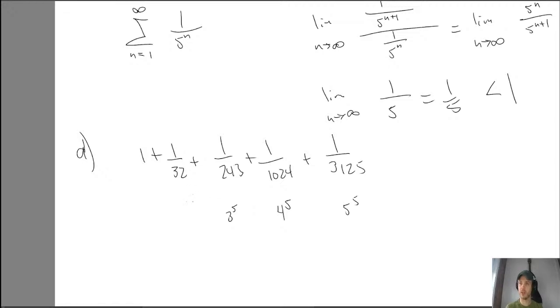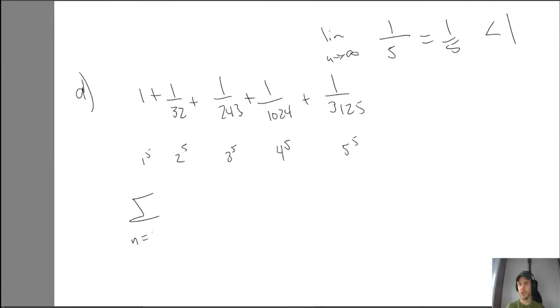No, that's power of 3. Yep. 2 to the 5th? Okay. And this is 1 to the 5th. Alright, it's powers of 5, or it's like something to the 5th. Okay, so this is the sum from n equals 1 to infinity of 1 over n to the 5th.